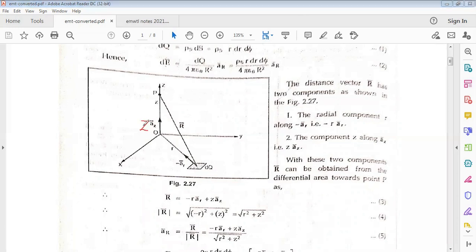That is z into az bar and r into ar bar. That ar bar is in the opposite direction, so minus. So the R bar distance we get as R bar is equal to the two components, one is z into az bar minus r into ar bar. Because why I am taking the minus sign means it is in the opposite direction. R is in the positive direction towards downwards, and its opposite direction is minus ar bar. Got it, my dear students?